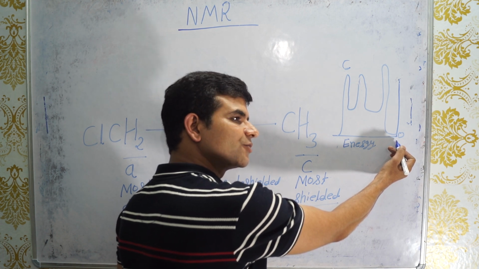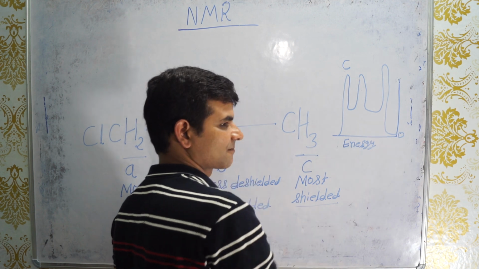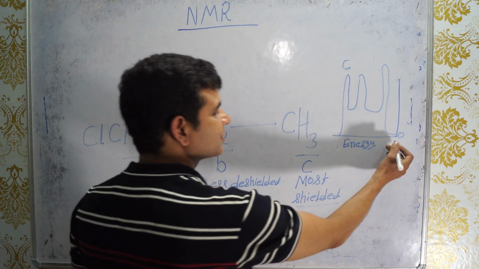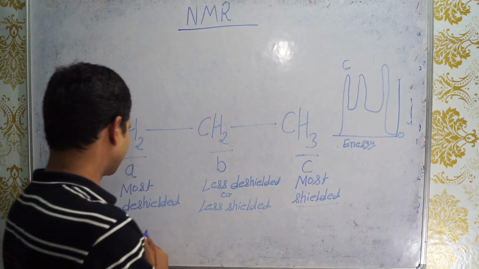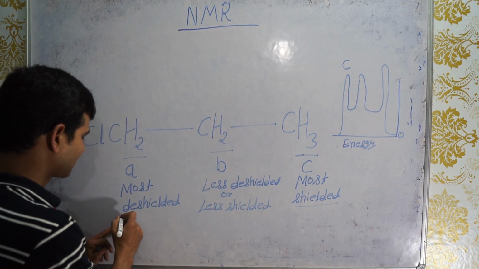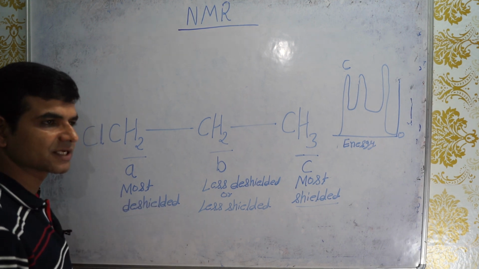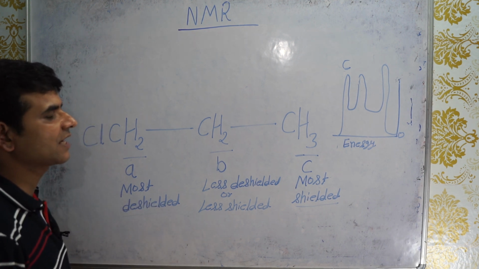We also discussed that the most deshielded hydrogen atoms take less energy to go into beta spin.